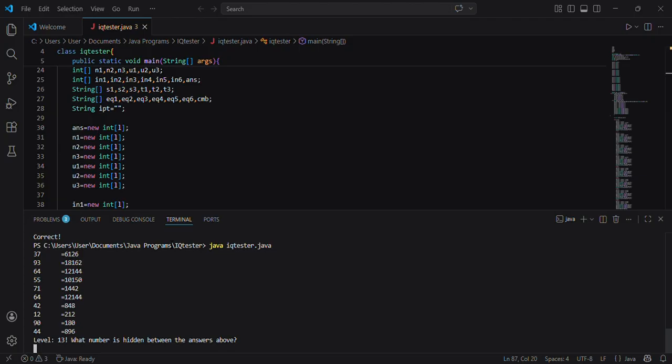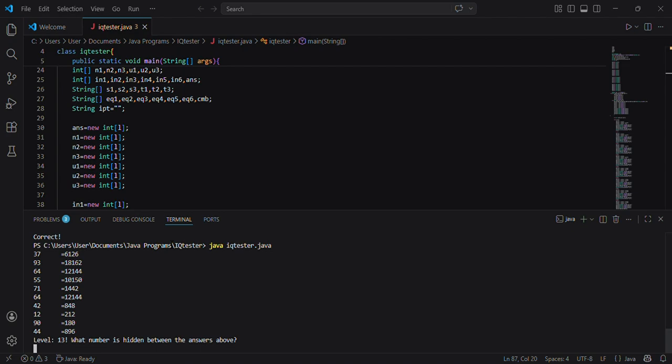Here 7 7s are 49, and 49 4s are no, it can't be. So it will be 7 plus 3, 10. 10, no. Let's check out the second line. 93 is equal to 18, 162.